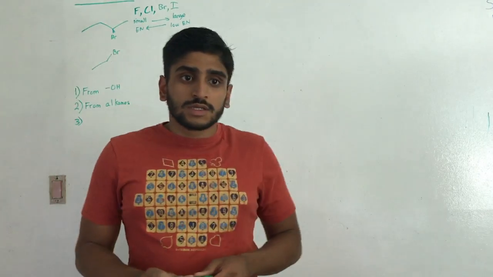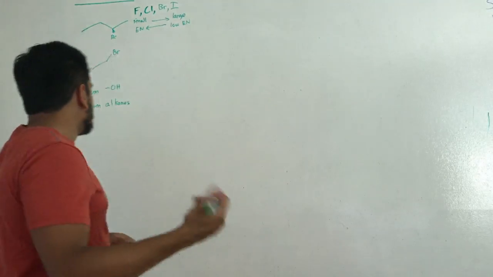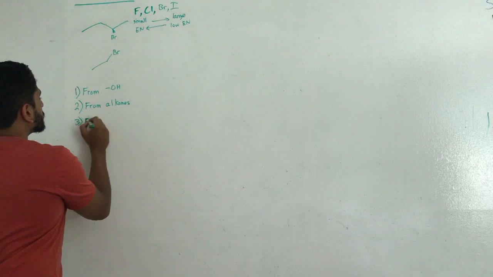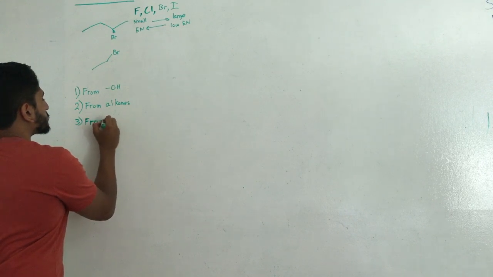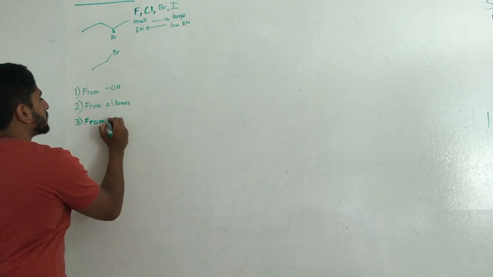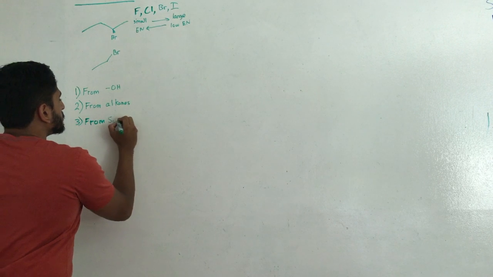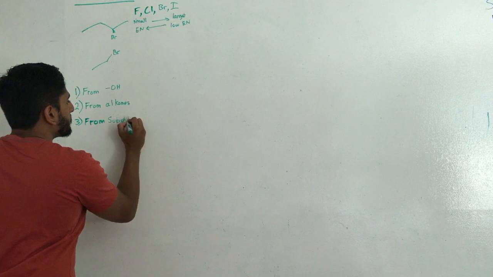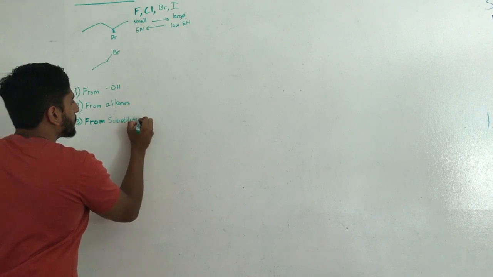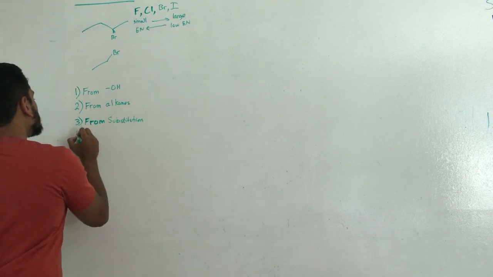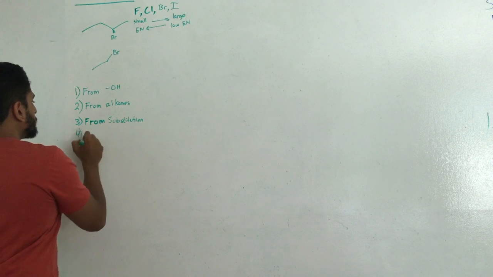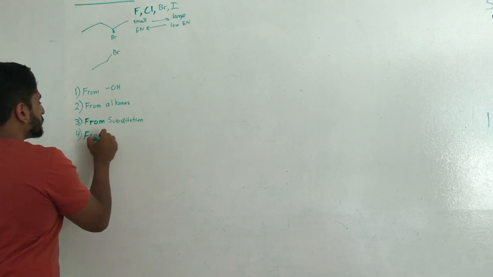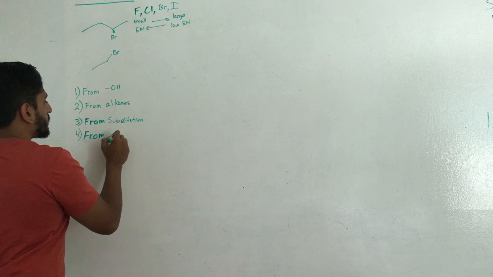The third way is from substitution of the halogen that's attached to the alkane. And finally, and this is the easiest one, you can make them from alkenes.